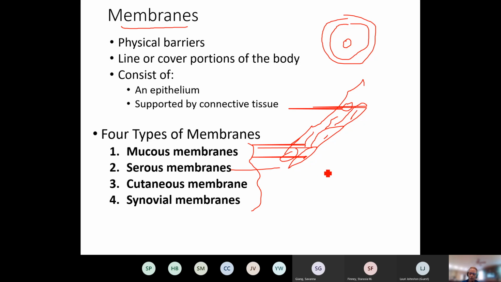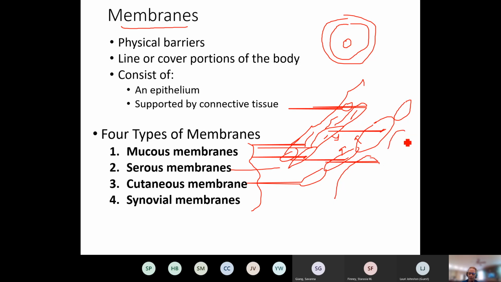Okay. And then usually what happens is you put 2 of those serous membranes together and you form a cavity, and then these serous membranes release fluid into that area. Remember, capillaries are going to be in that underlying connective tissue.